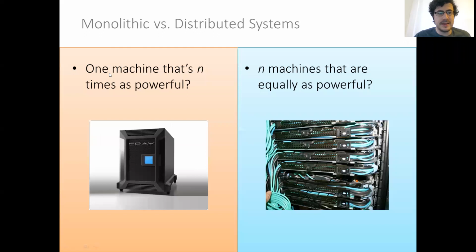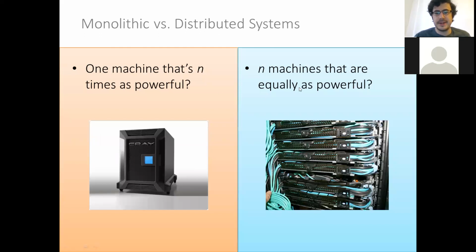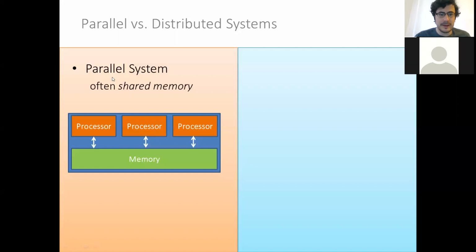We spoke about this idea of having one machine that's n times as powerful versus n machines that are equally as powerful. Being a bit more formal about what this means, we have parallel versus distributed systems. A parallel system often has shared memory somehow. The processors might refer to different modules of RAM, but they can somehow share data across the different memory.